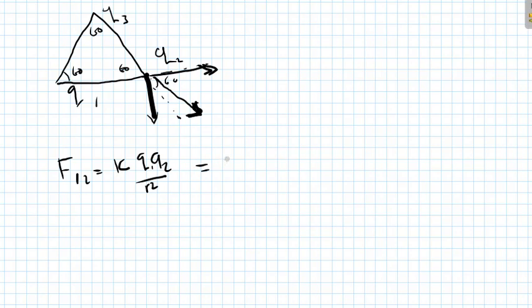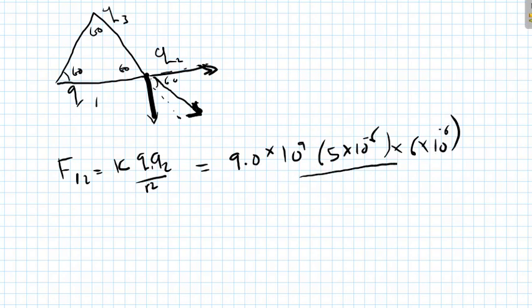So this will be equal to 9.0 multiplied by 10 to the power 9, that's the constant, multiplied by the charges, 5 by 10 to the power minus 6, multiplied by 6 times 10 to the power minus 6, divided by the distance between them, which is 0.5 according to the question, squared.